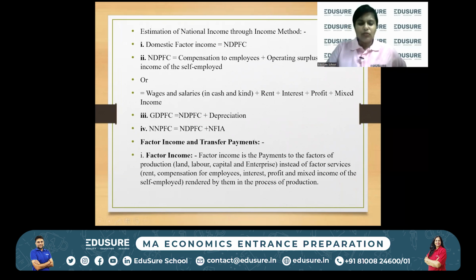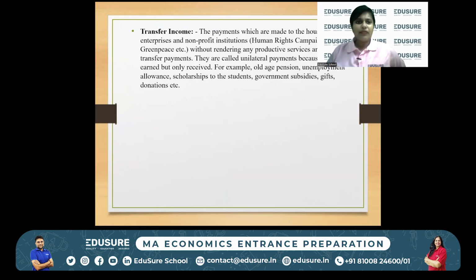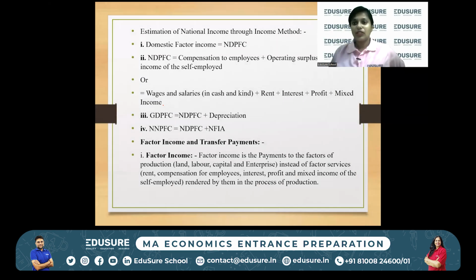Okay, now there are certain things, again, precautions that we have to keep in mind. Let's go over that. First thing that we need to be careful about is to differentiate between these two terms, factor income and transfer income. Okay, factor income, we've probably discussed this, is the income earned because of work done. When you earn some income because of work done, that's called factor income.